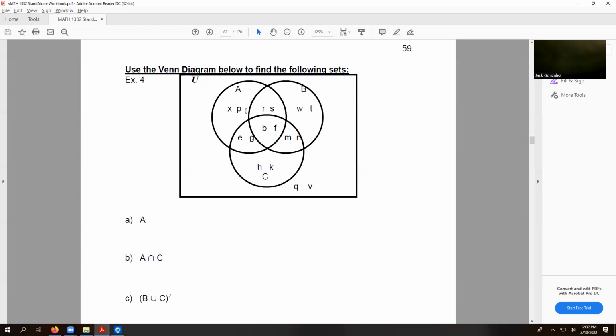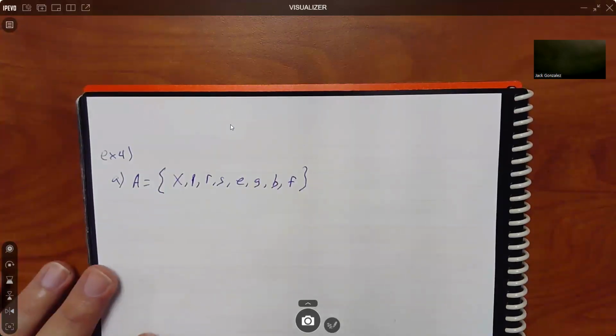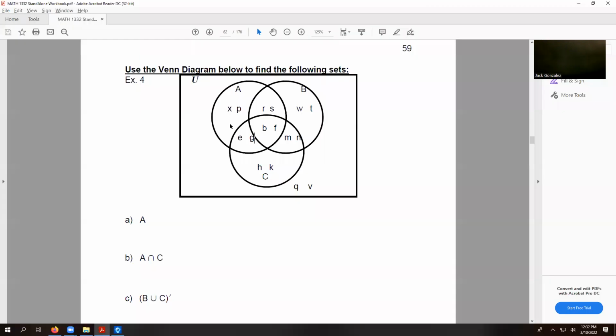So now the next one. I wrote down the elements that were in that circle, that's it. A intersect C is what they have in common. So visually, it's just the overlap together, right here, the little section.